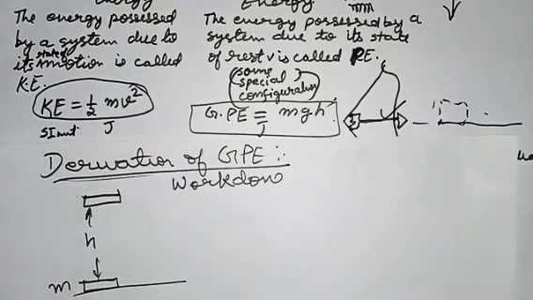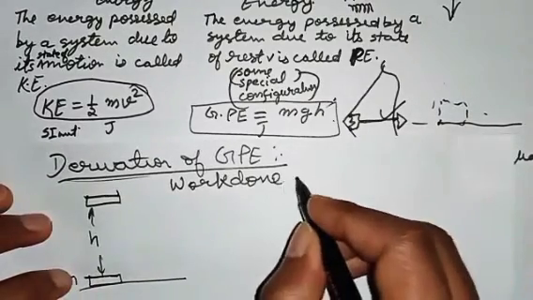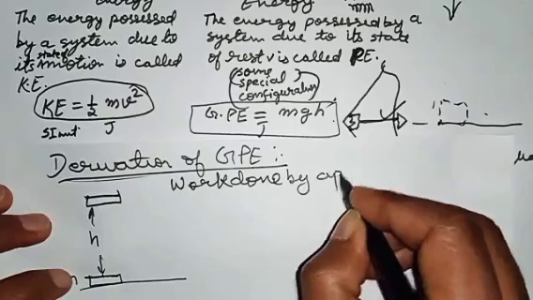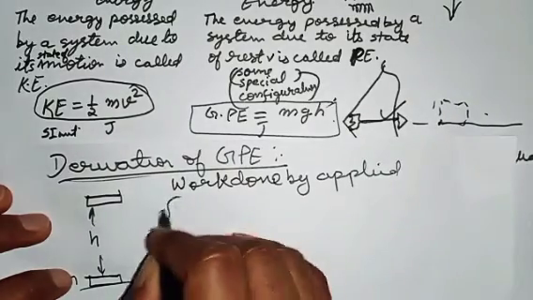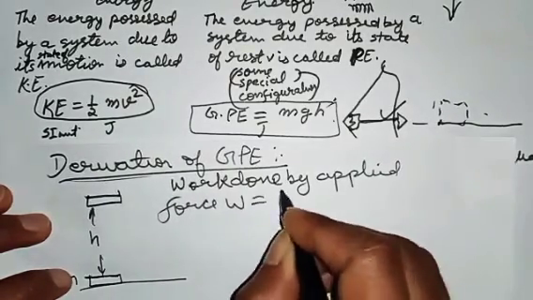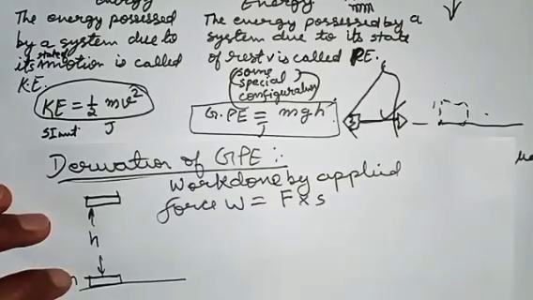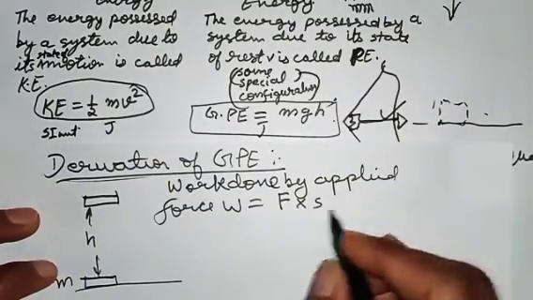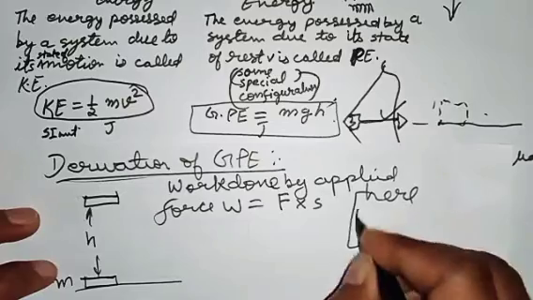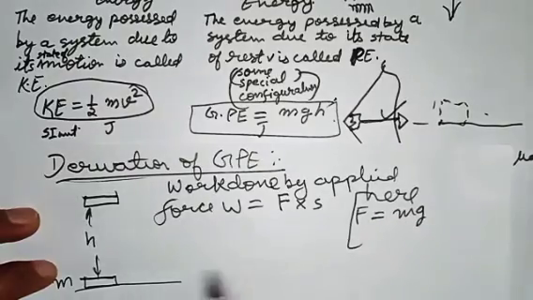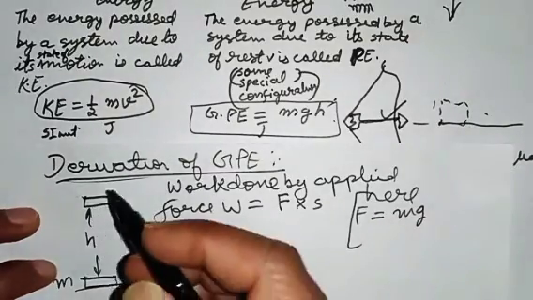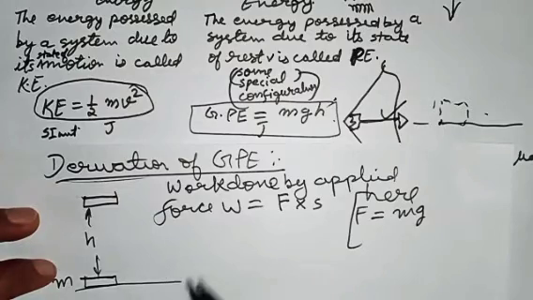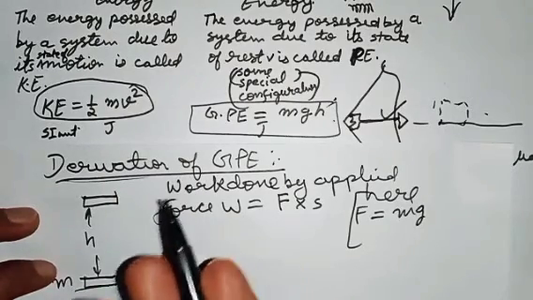Whatever work we do on this system is equal to the measure of potential energy it is gaining. So work done by applied force, W equal to force multiplied by displacement. Here the applied force F is equal to mg. Whatever the gravitational force or the weight of the object acting downward, the same amount of force we need to lift it up.